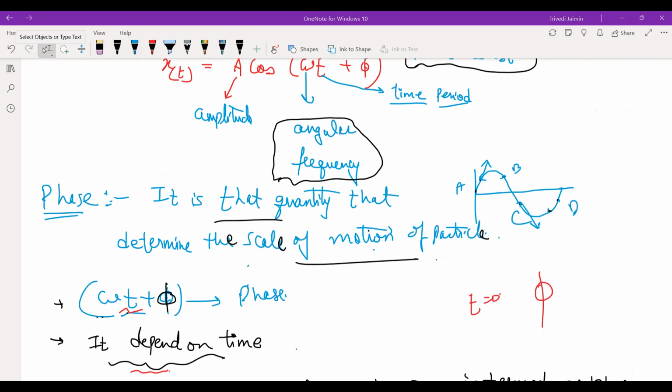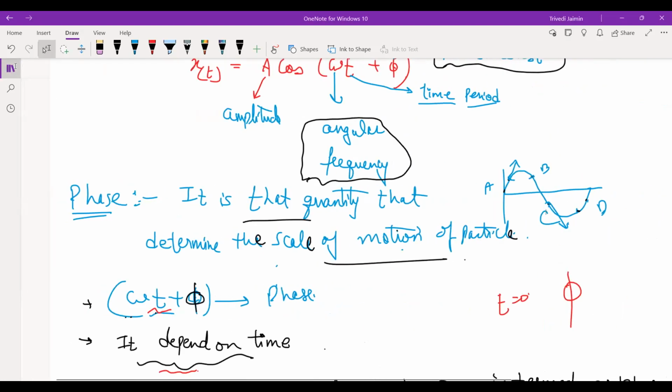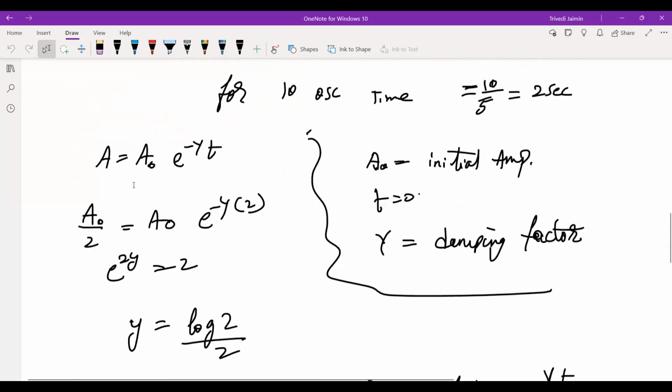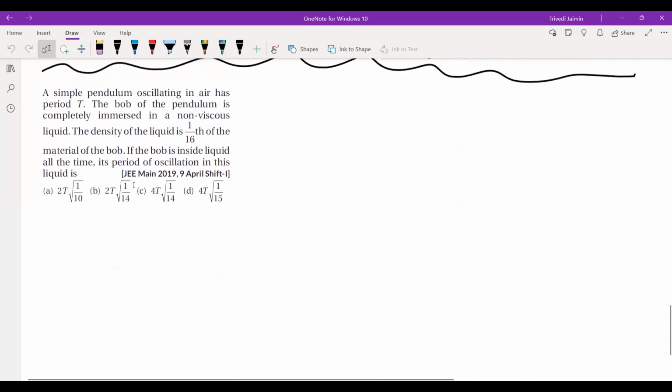Let me open my book. Let's solve this question.